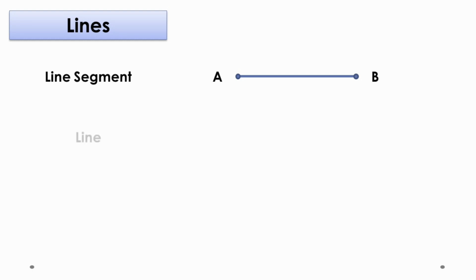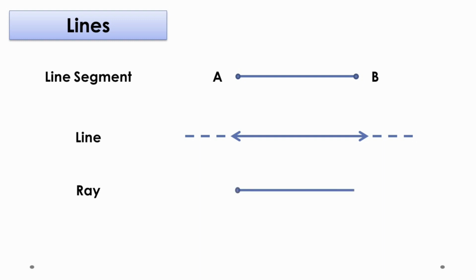The second is line. In case of a line, the endpoints are not fixed. This is how we draw a line with arrows at both the ends. It can be extended in both directions. The third one is ray. We can say that a ray is a mix of the earlier two.